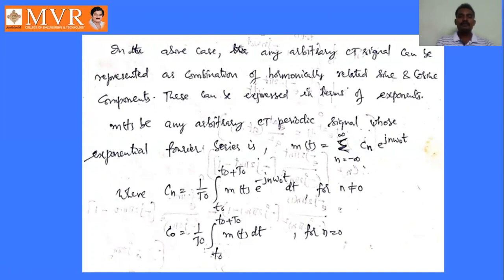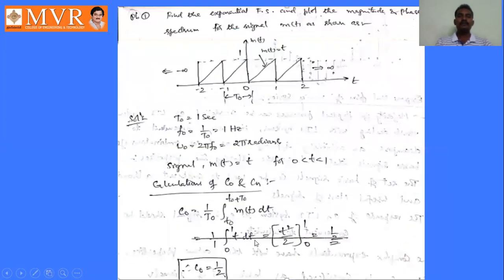If you substitute 0 in the place of n, we will get the c naught value. C naught equal to 1 by T naught integral t naught to t naught plus T naught m of t dt. So these are the Fourier coefficients in exponential Fourier series form.